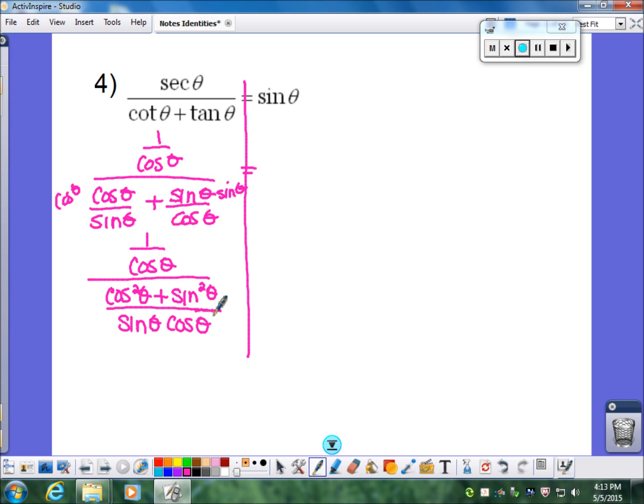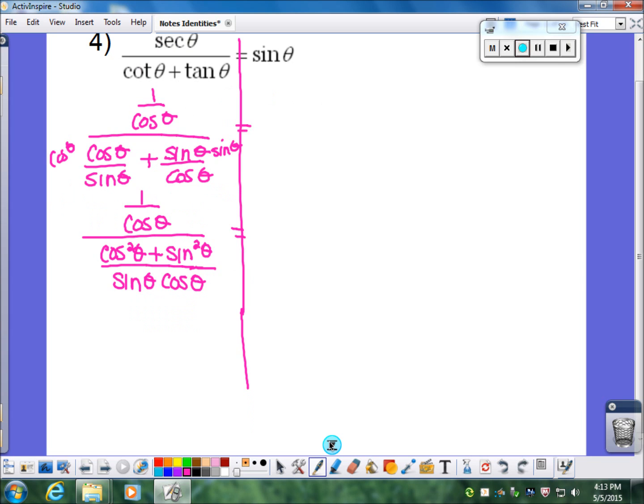Unit 8 stuff, what we did back when we just got trig functions. Okay, hopefully, like I said, you recognize this to be the Pythagorean identity, so that's going to be equal to 1. So I'm going to have 1 over cosine theta all over 1 over sine theta cosine theta.